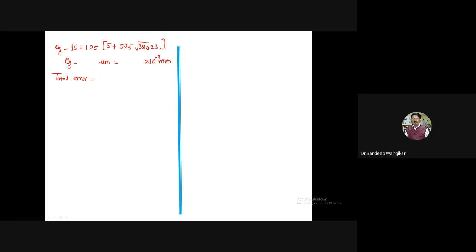total error is equal to EP plus EG. So you will get total error is equal to. Calculate EG, the error for gear. .34. Very good.